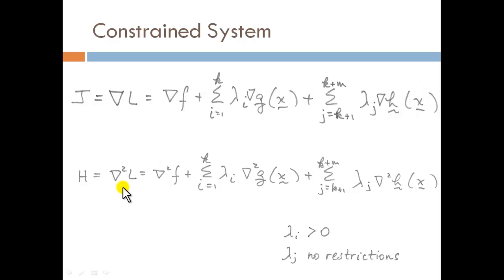For the second order condition, we do the same: del squared f plus all the lambdas times the del squareds of the constraints. What we're doing here is developing a Jacobian for the equivalent function, the Lagrangian itself. The second order derivative of that matrix is known as the Hessian. Remember, again, that's the Lagrangian we're looking at. Just the L is the Lagrangian.